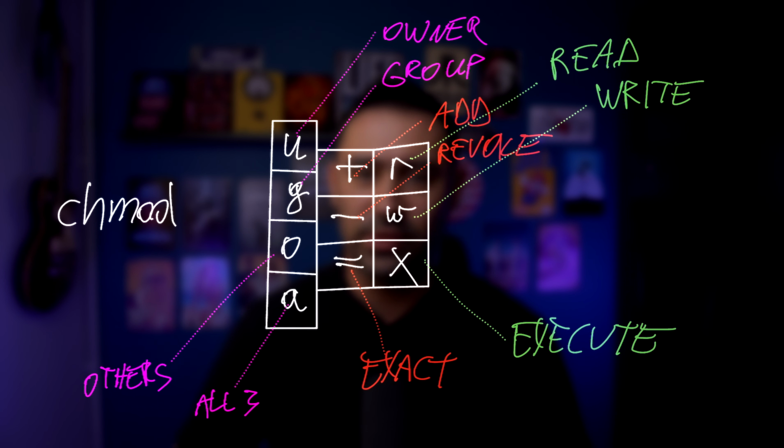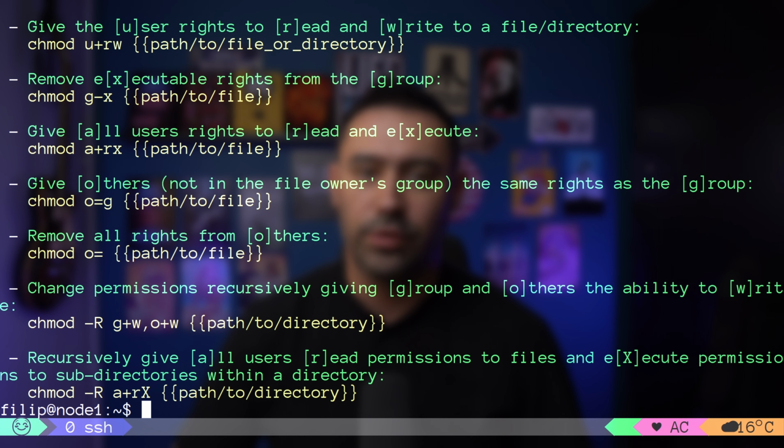At the end, we specify the file or a directory that the permissions update should be performed on. Of course, wildcards are allowed. There's also a very useful flag -R that will update the permissions recursively for all files and directories inside the specific directory. Here are a few examples from the manual.